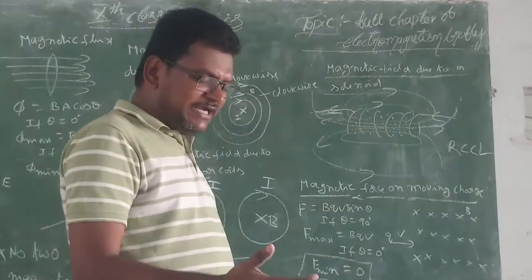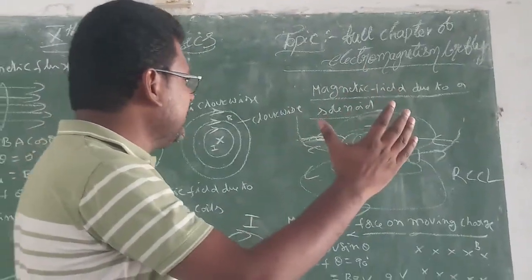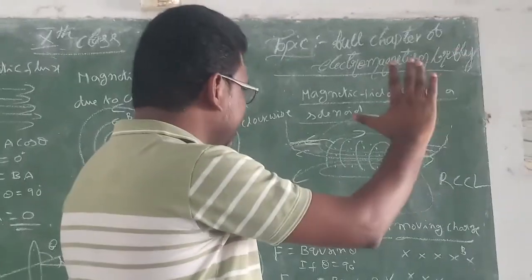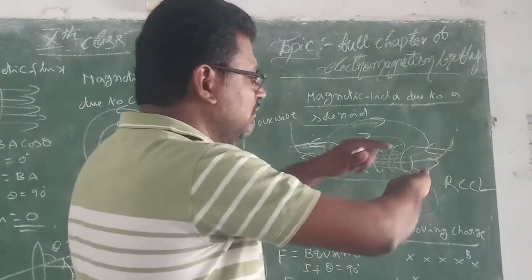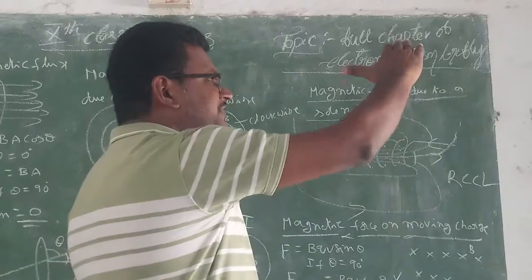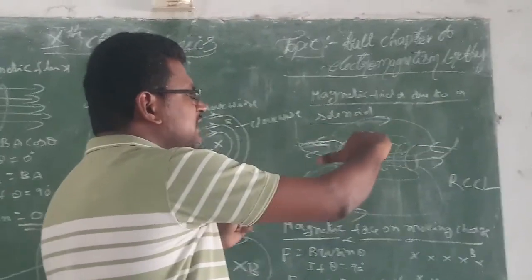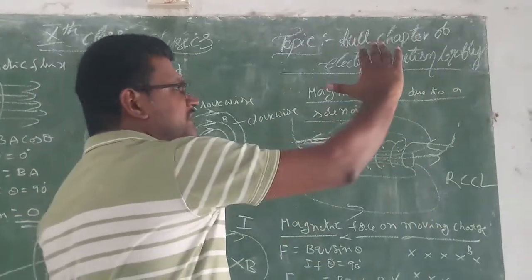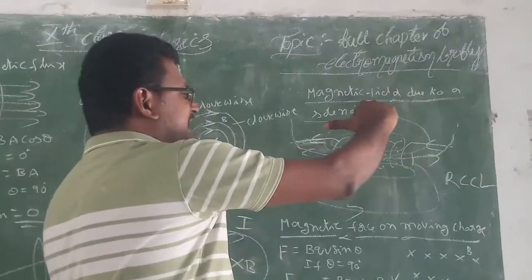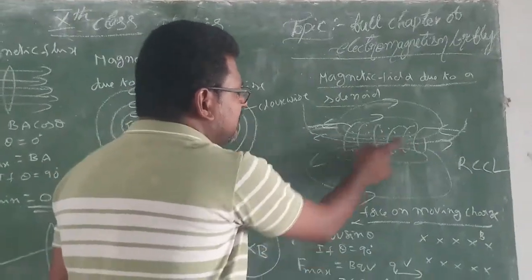To know the magnetic field lines due to a solenoid, we use our right hand thumb rule. In the direction of flow of current, we take the fingers of our right hand, then the thumb represents the direction of the magnetic field lines. See here, the current is flowing in this way. Take the fingers of the right hand in this way, then the thumb represents the direction of the magnetic field lines. So here, these are the magnetic field lines direction.